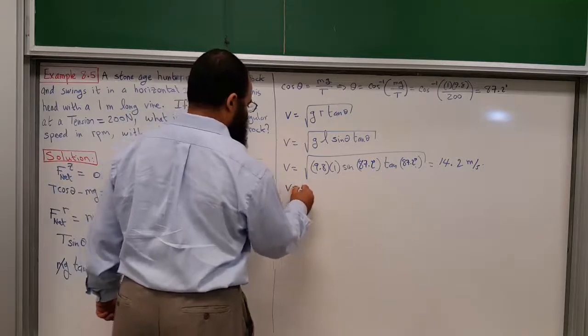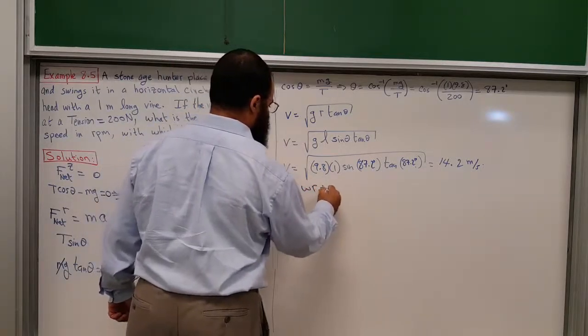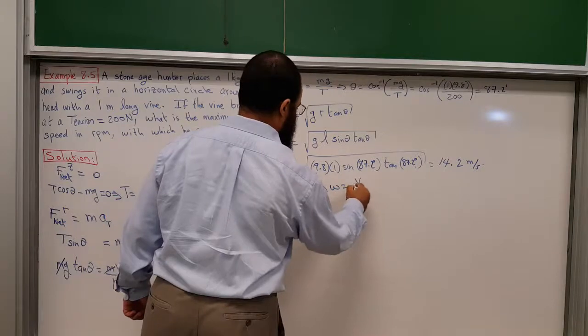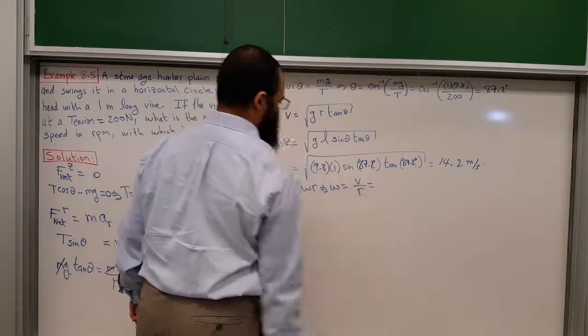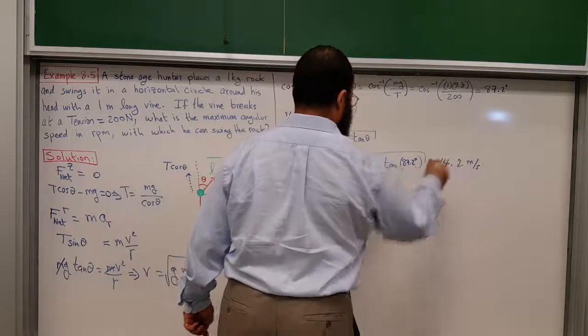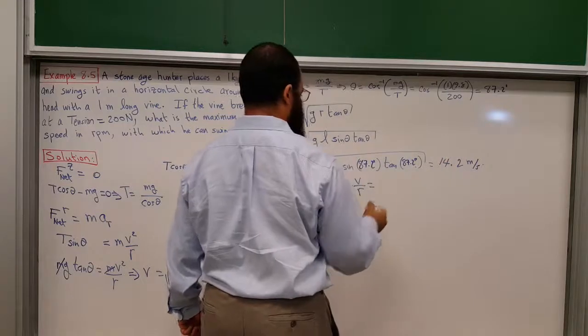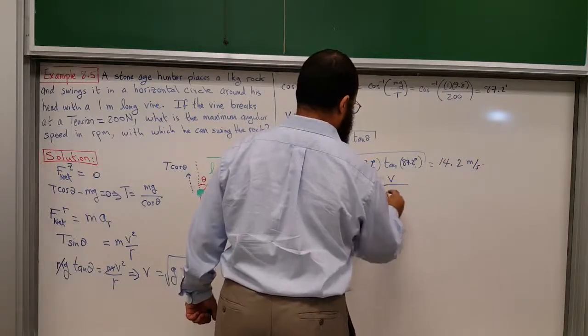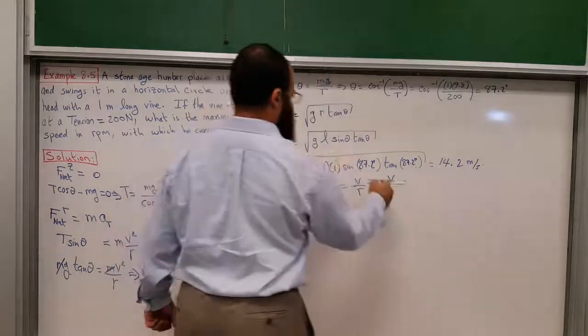I know that V is omega times R. So omega will be V over R. And that would be 14.2 divided by R. Remember, R is L sine theta.